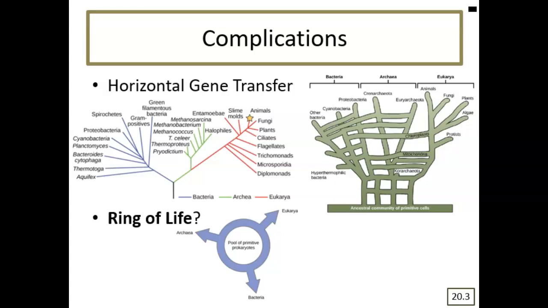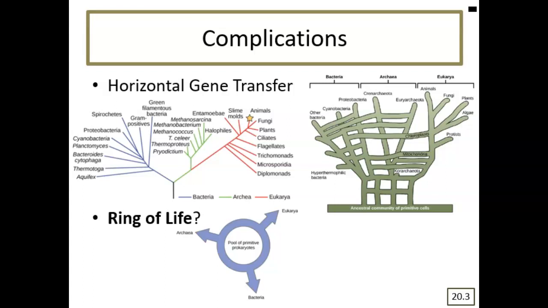And then eventually from that, our three major lineages diverge out, but they don't diverge from a nice single common ancestor, but instead from this related group of prokaryotes that are just randomly trading genes with each other. So we'll see more about that later in the course, but just keep in mind, as much as we like to think about phylogenies as that nice dichotomous branching, they aren't always that neat and easy.